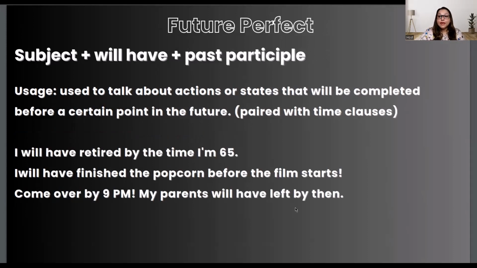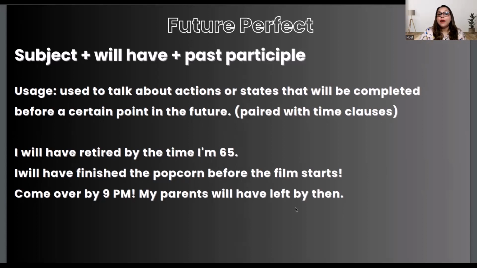Okay. Then we have future perfect. Subject will have plus past participle. Usage. Used to talk about actions or states that will be completed. Just bear that in mind, wherever we are using the have family, there would be past participle, that is third form. Used to talk about actions or states that will be completed before a certain point in the future, and it is paired with time clauses.